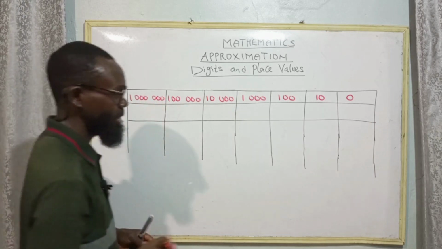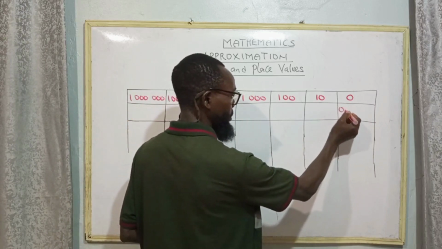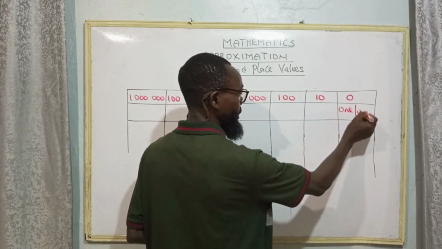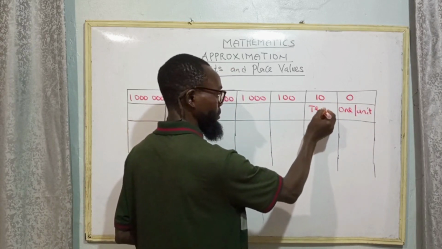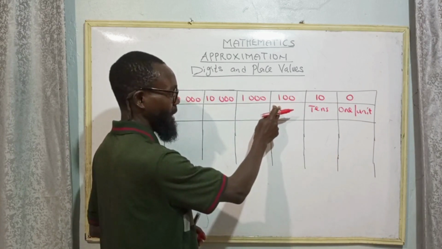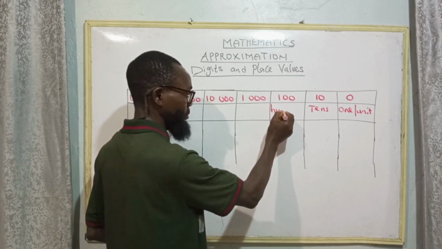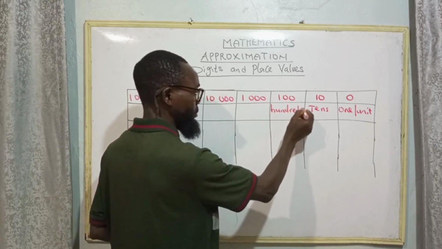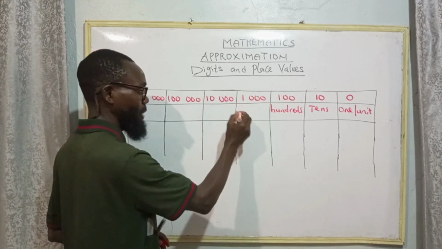Now let's look at this. So this one, we call it 1, or sometimes we call it units. Well, this one is tens. Then the one with 2 zeros after it, we have hundreds. While this one with 3 zeros after it, we have thousands.